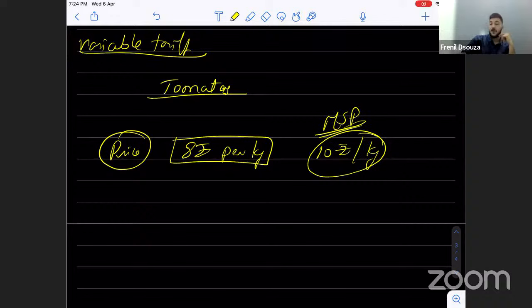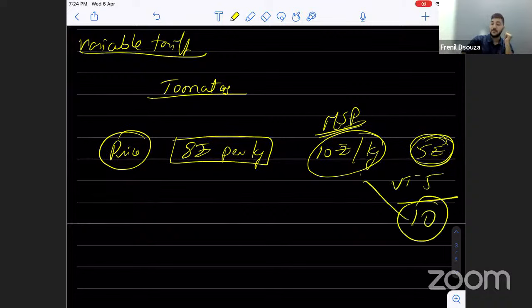Now, what happened? All the vendors, the middlemen who are buying the tomato, said that no, we can import tomatoes, we'll get it at 5 rupees. So why should we pay 10 rupees for the things where we can get it at 5 rupees? Fair point, right? So they started importing. So what did the government do? The government said, okay, no problem, you import it at 5 rupees, but when they come to the dock, I will charge a variable tariff of another 5 rupees to make it equal with the domestic support price.